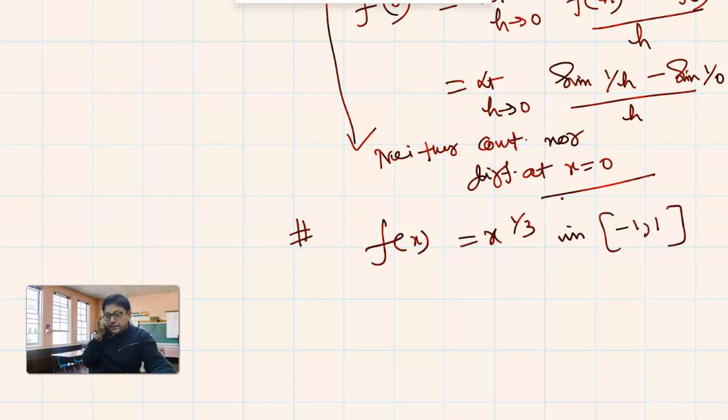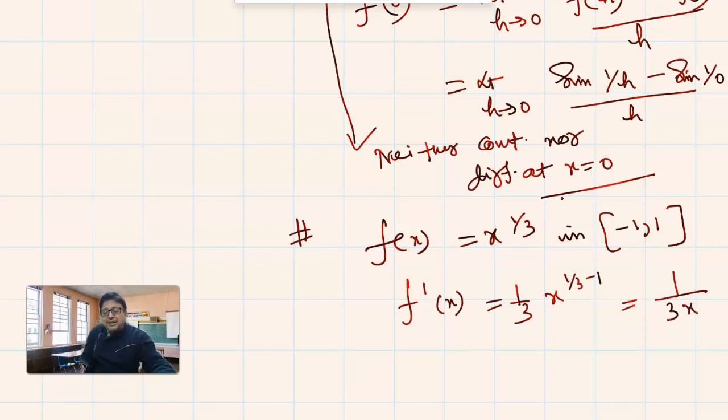Let us check. For your entrance examinations, you can do the derivative here. You can find f dash x: 1 third x to the power 1 third minus 1. This is 1 by 3, and this will go down to make the index positive, so this will be x to the power 2 by 3.